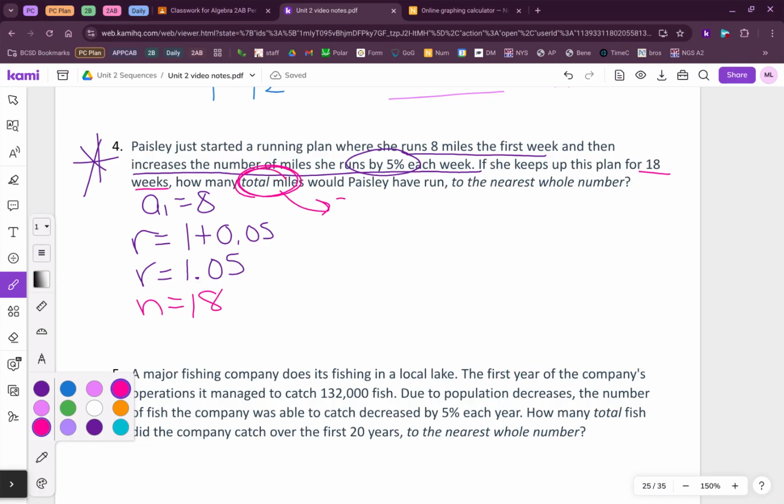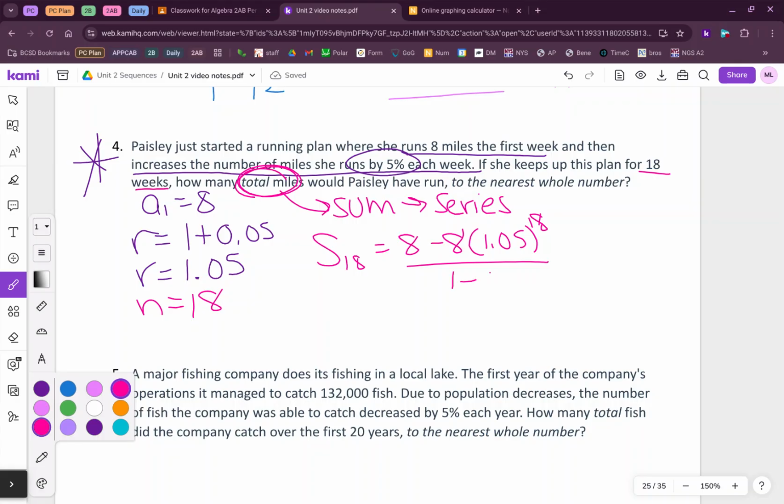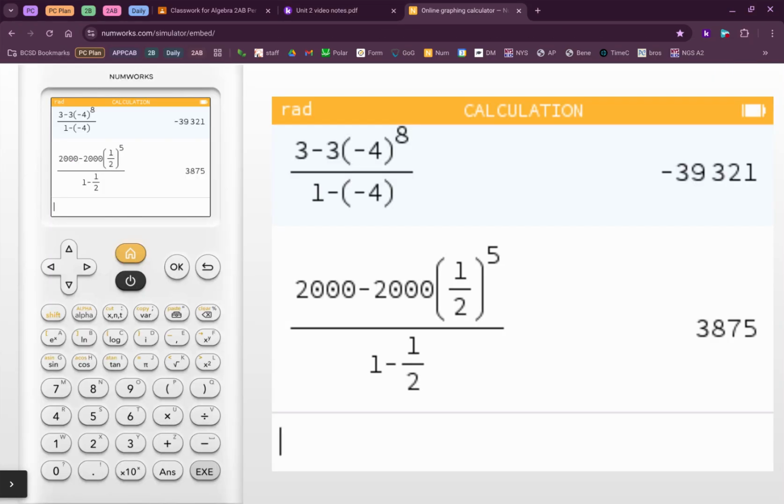How many total? Remember, total means a sum, which means a series. So we can use our formula. Does she run? So S sub 18, first minus first, times R to the N, which is 18, and then 1 minus R. All right, it does say we're going to have to round to the nearest whole number, so let's put this in.